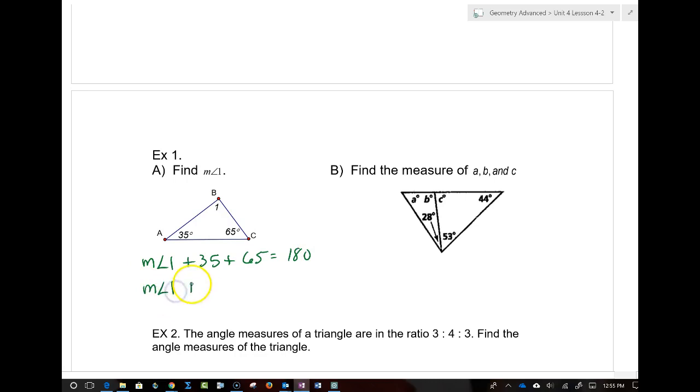Now, some of you are like, do I really want to do all that work? But can't we just say the measure of angle 1 is equal to 80 degrees? Now, some of you are like, well, I can just do it in my head. Have I ever taken the fact that you can just do it in your head ever? No, you have to show your work. So could you also say the measure of angle 1 equals 180 minus 35 minus 65?